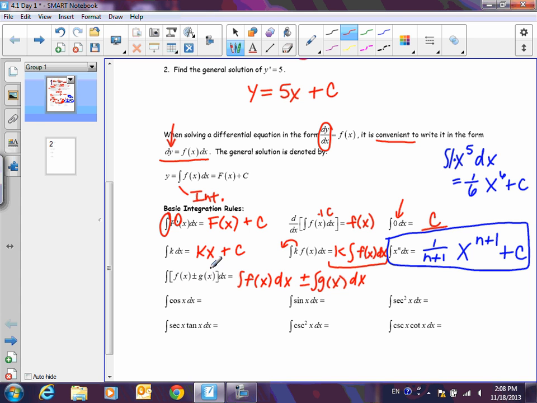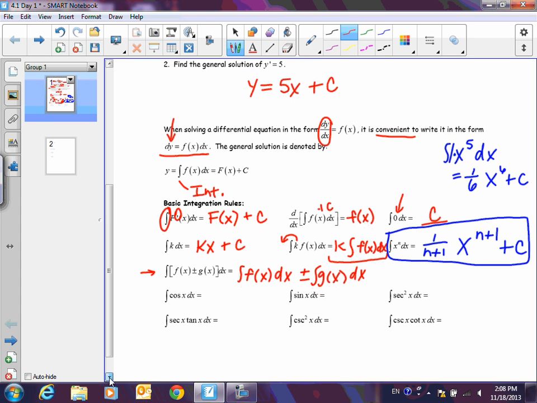Whenever we were adding and subtracting terms for derivatives, we just took the derivative term by term. We're going to do the same thing when we integrate. And again, when we do an example, it's going to be more obvious than the rule right here. But we have to state that we can do this, because otherwise we'd kind of be stuck.